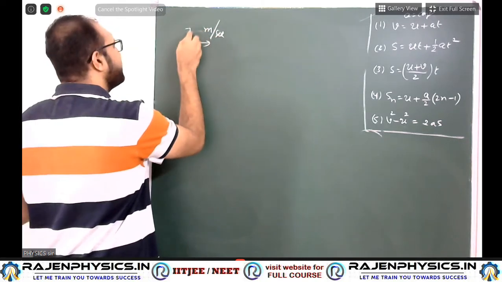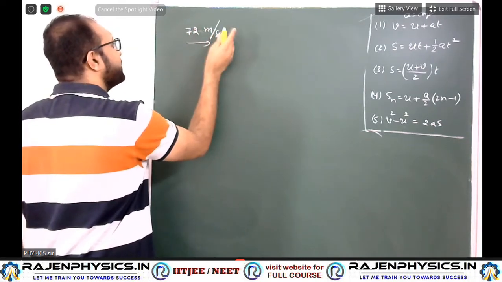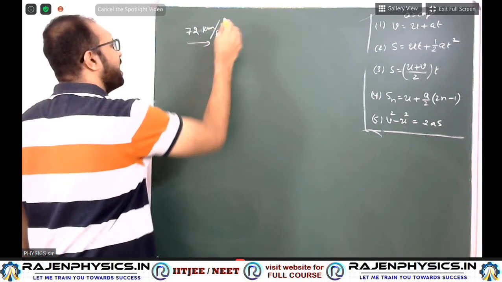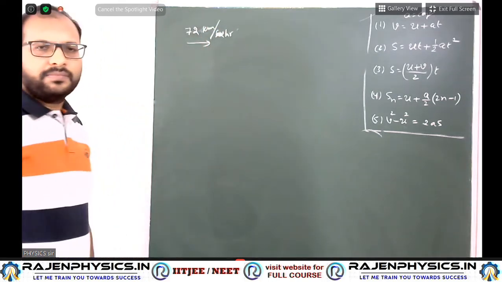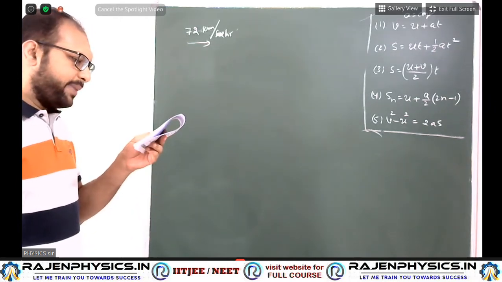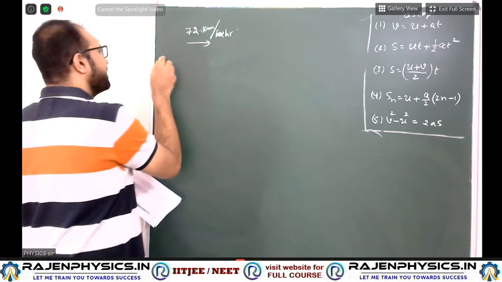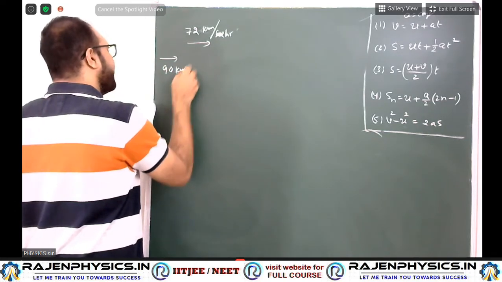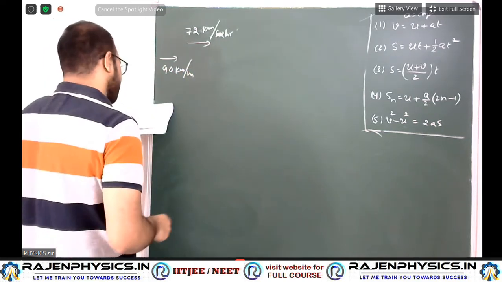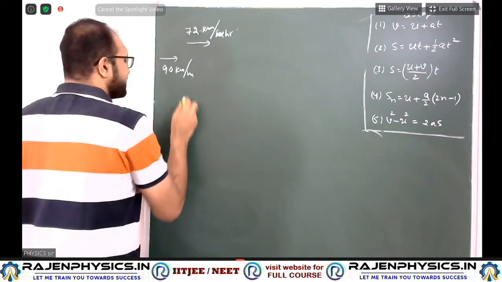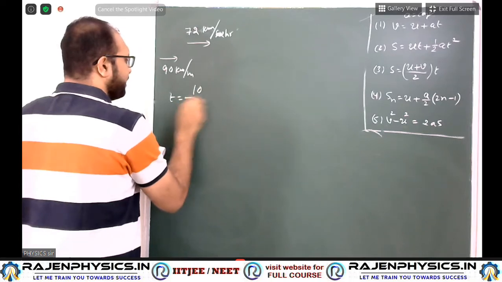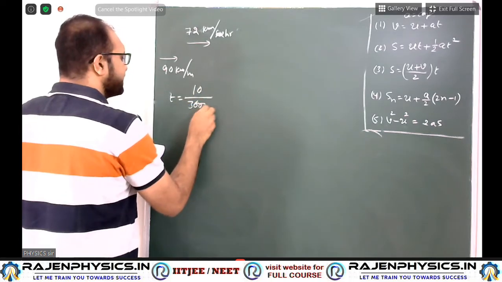Use 72 kilometer per hour. Now the jeep behind is at 90 kilometer per hour, but taken 10 seconds. How many hours is that? 10 divided by 3600.